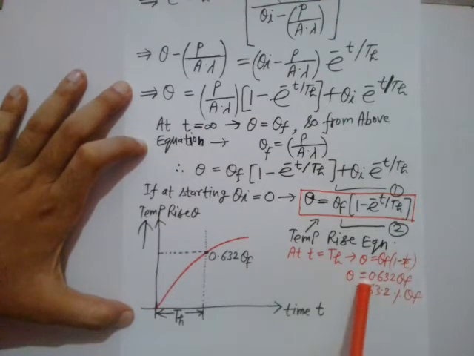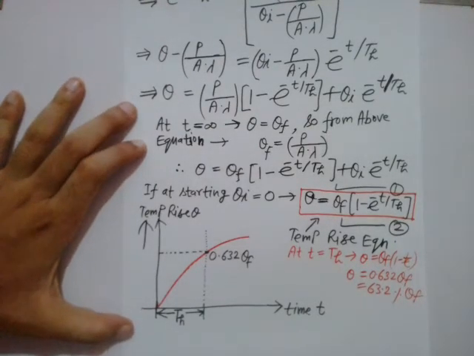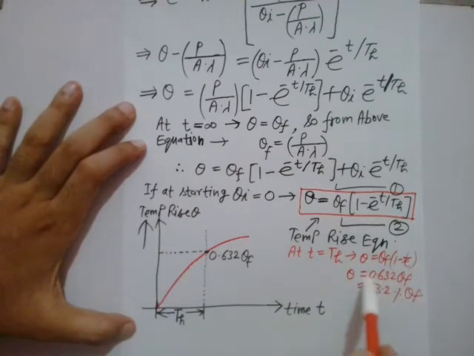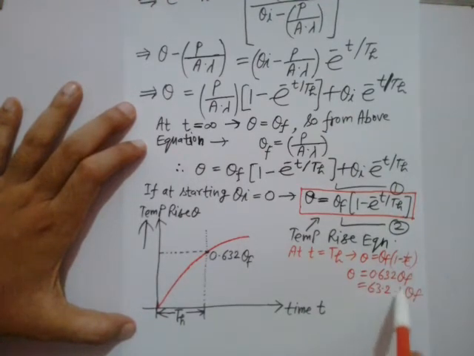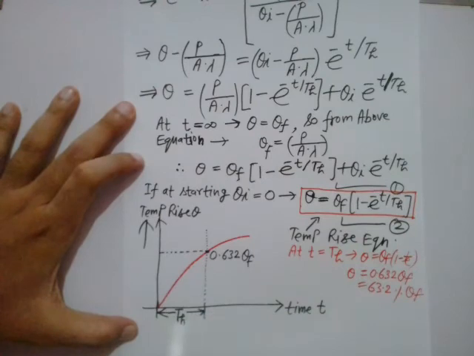When you calculate this, you will get theta is equal to 0.632 theta f, or 63.2% of the final temperature rise theta f. So you will get 63.2% temperature rise at the heating time constant tau h, right?